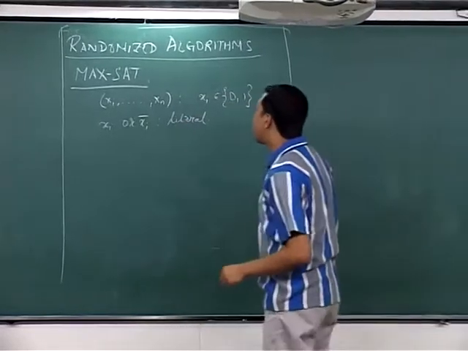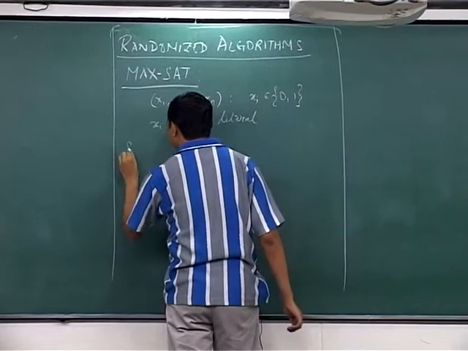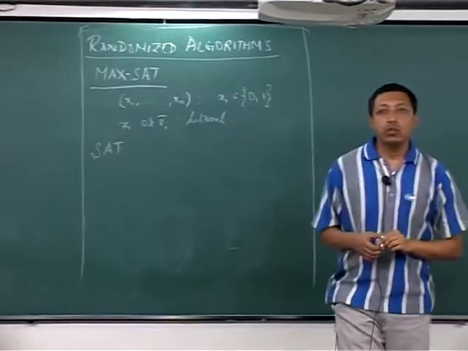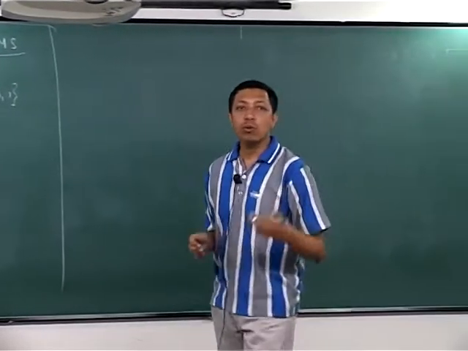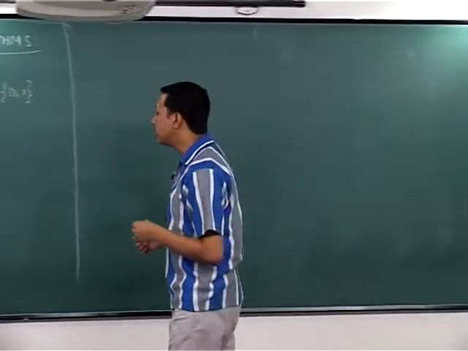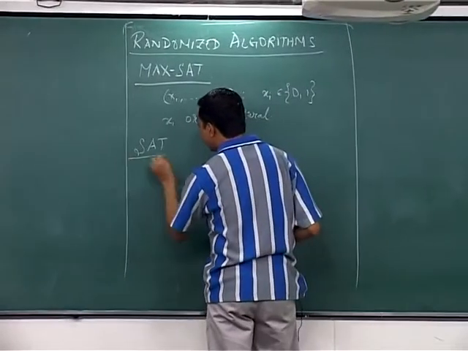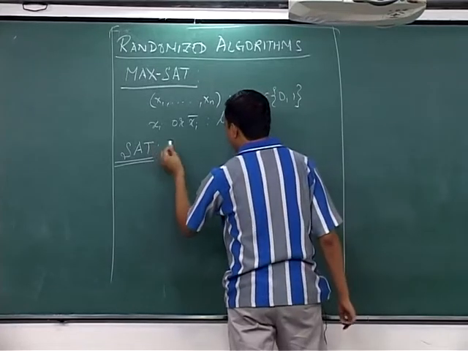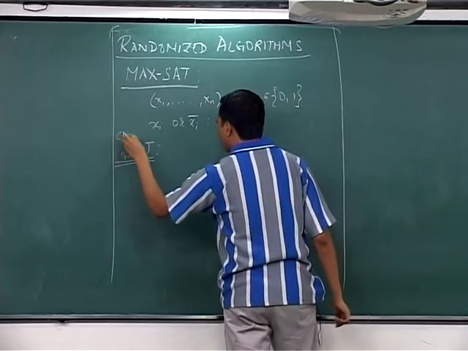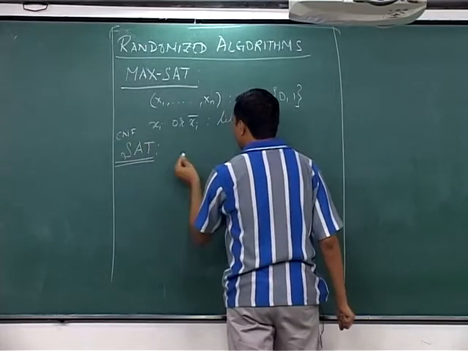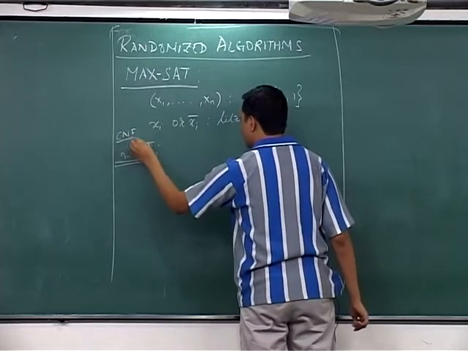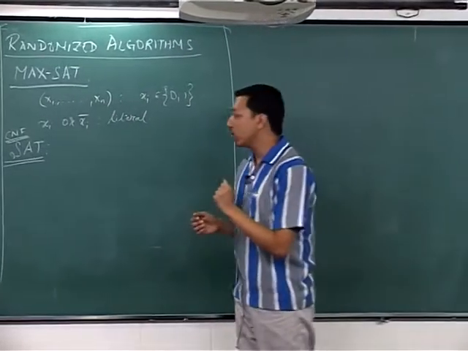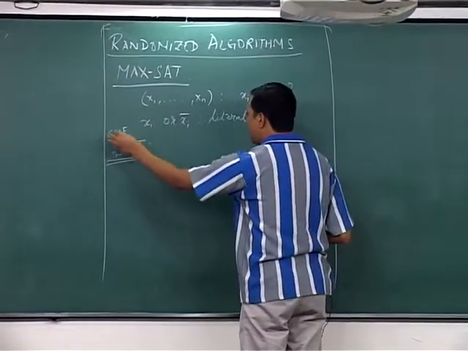So what is SAT? SAT is basically the problem of satisfiability. Like the other day I was telling you about NP completeness, NP hardness. This is the quintessential NP complete problem. Let me just talk about CNF SAT. You have a Boolean formula in CNF.